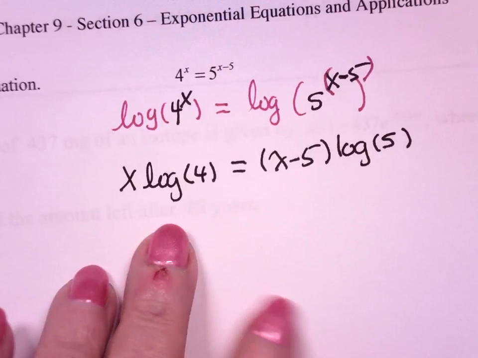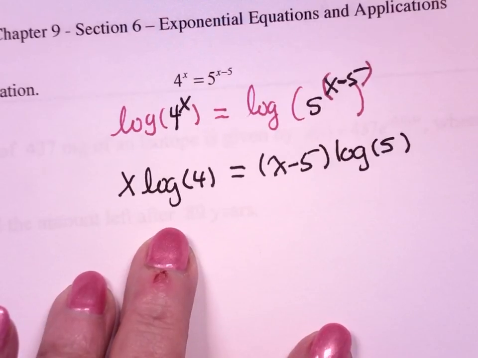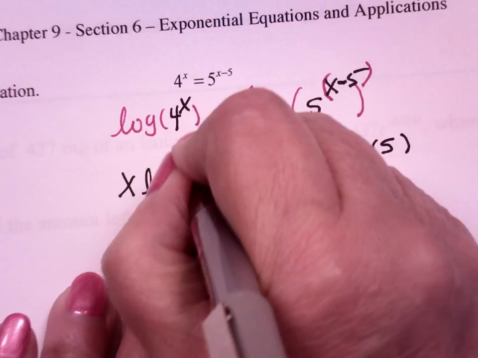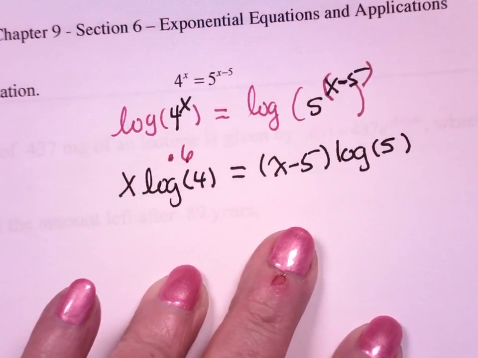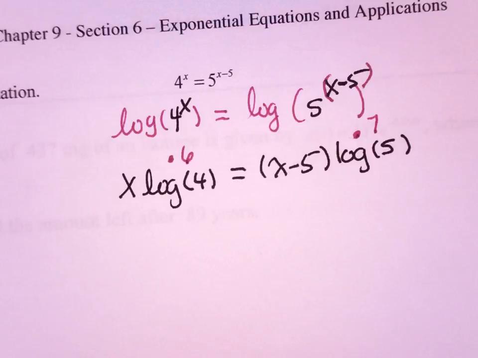At this point, especially in this class, if you wanted to switch over to decimal notation, log of 4 is approximately 0.6, and log of 5 is approximately 0.7. And you can work the problem that way.